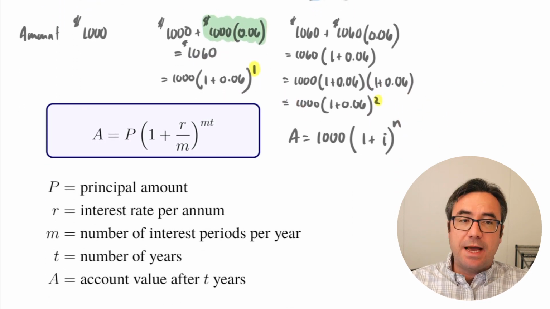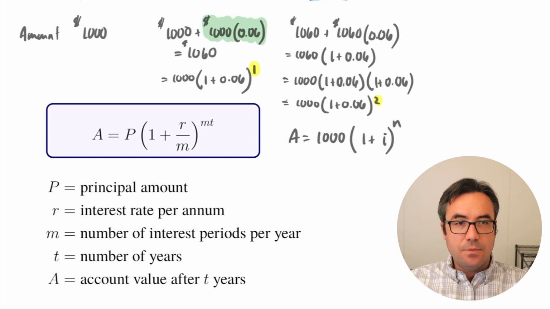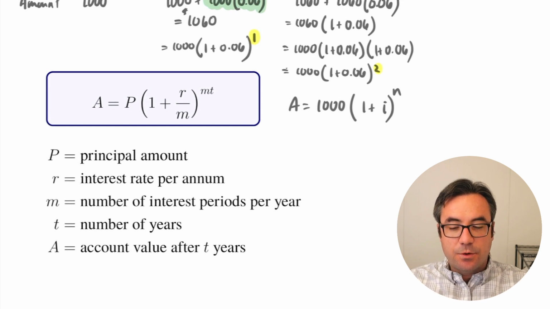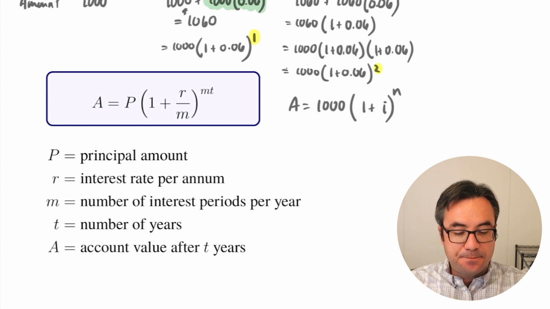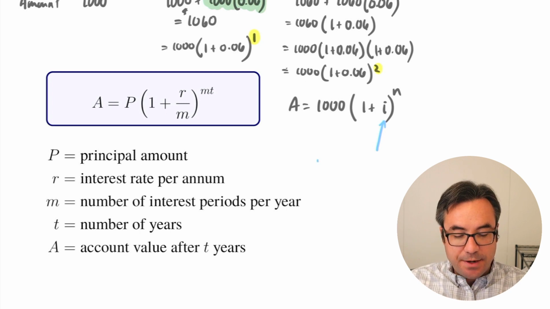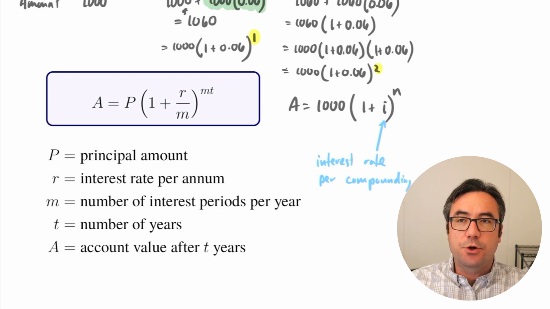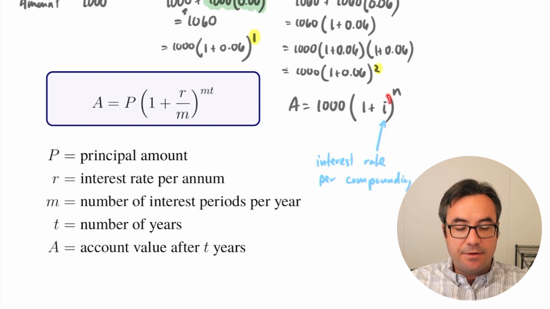And we can generalize this. So let's look at it. The I that we're seeing, this is our interest rate per compounding period. So for our little example, our compounding period was per year, so we really didn't have to do much there.